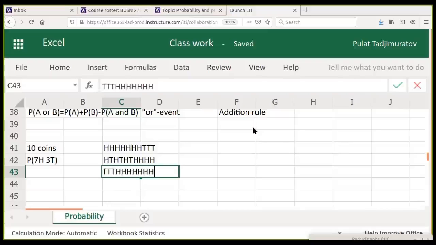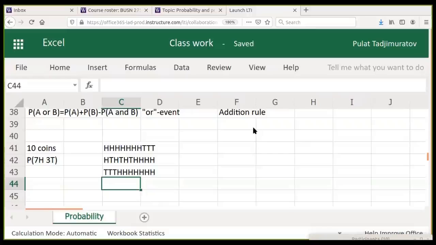In fact, there are 1,024 different combinations, and even using the addition rule and multiplication rule, the job becomes quite hard and quite boring. And we have tools for such cases too, but we will consider them in our next lesson.